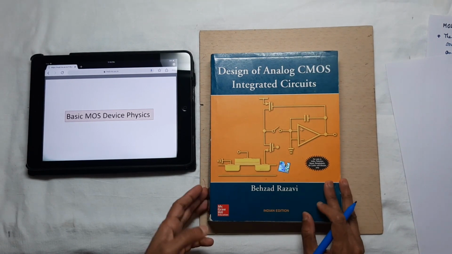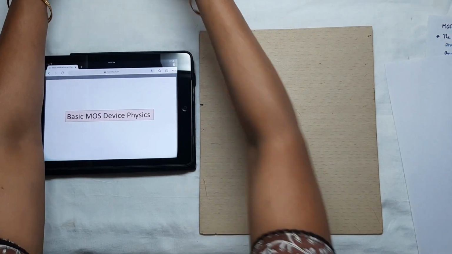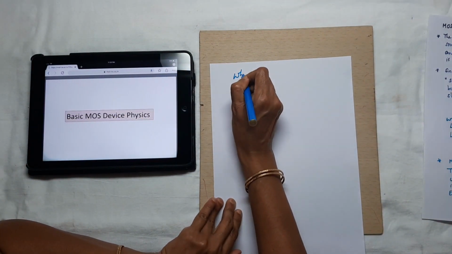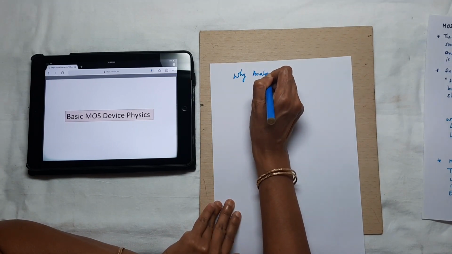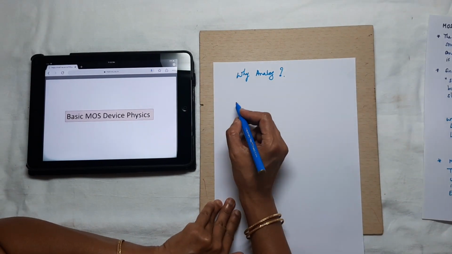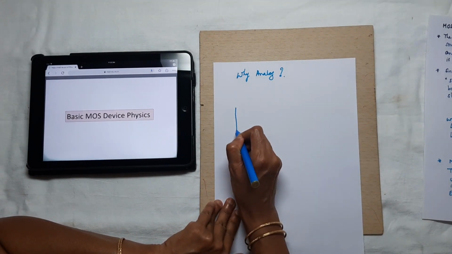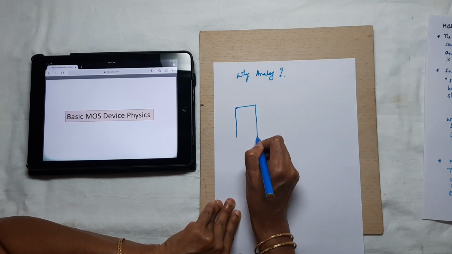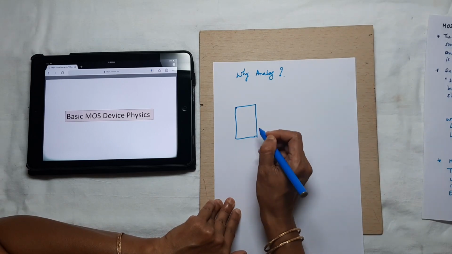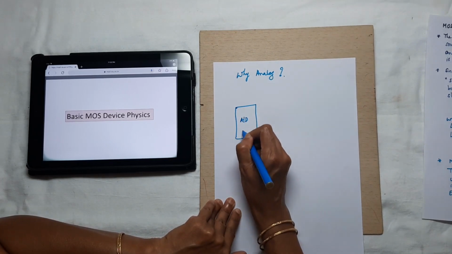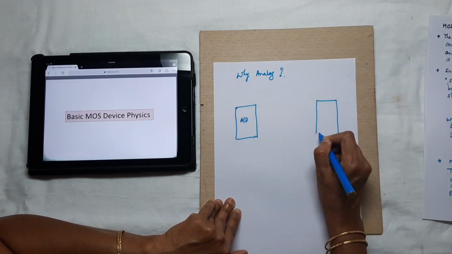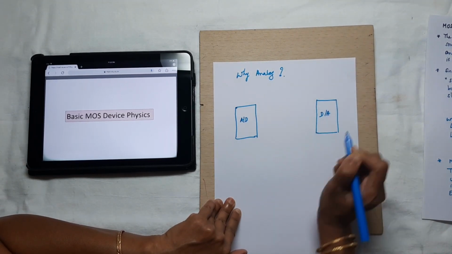So let us see why analog. Why do we have to study analog design? If you look at the block diagram, any modern system consists of an input block as an analog to digital converter and an output block as a digital to analog converter.